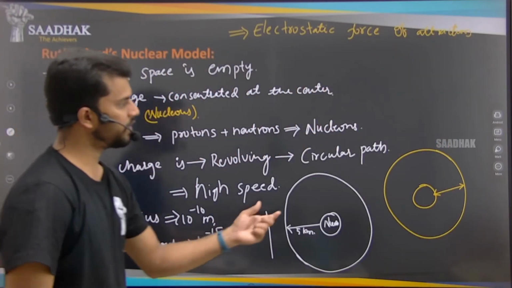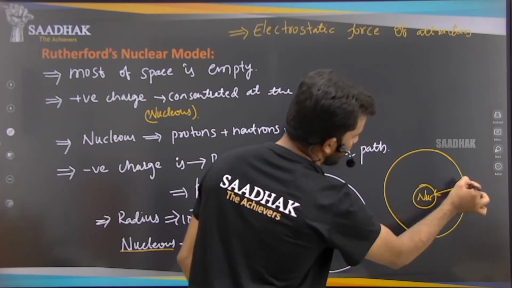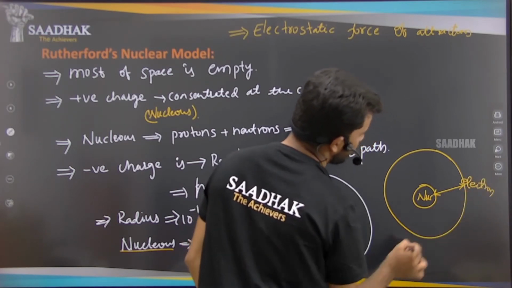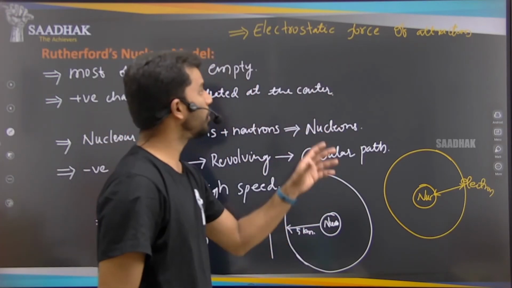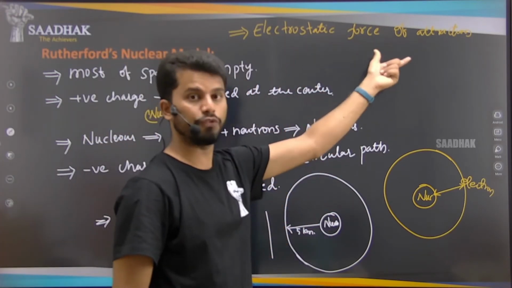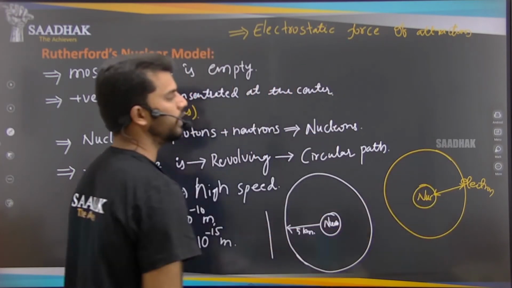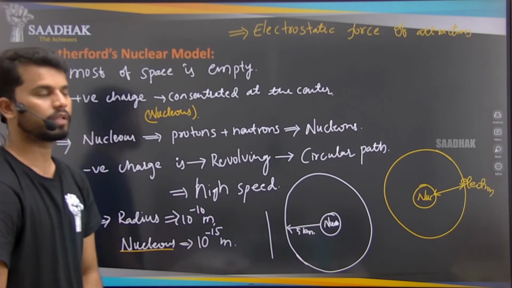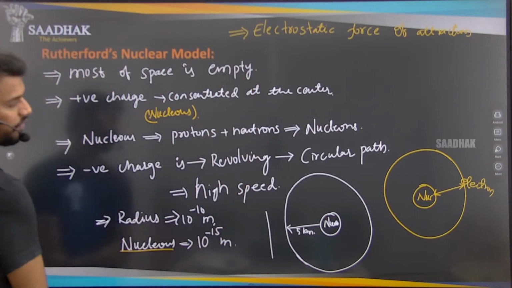So the force between the nucleus and these electrons is due to the electrostatic force of attraction. Because of that electrostatic force, the electron is able to keep rotating. That is what he explained. That is another point of this Rutherford nuclear model.